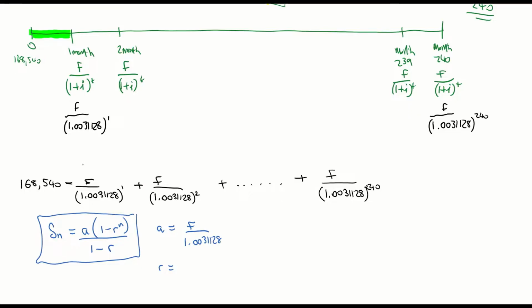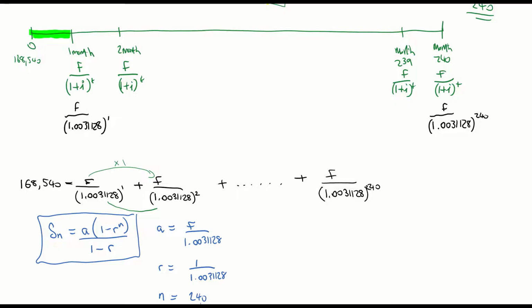And think about this, how is the f going up? Well, all I'm doing there is multiplying by 1 over 1.0031128, since on the denominator it's going up by my power. So that's my r. My n is the number of installments, which is 240.